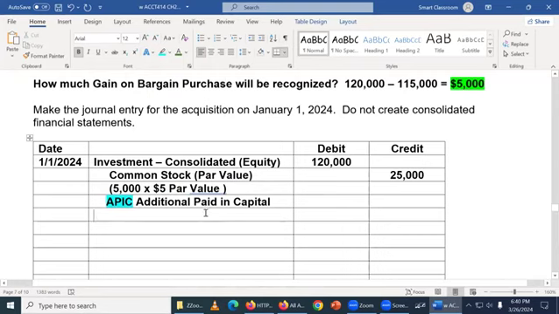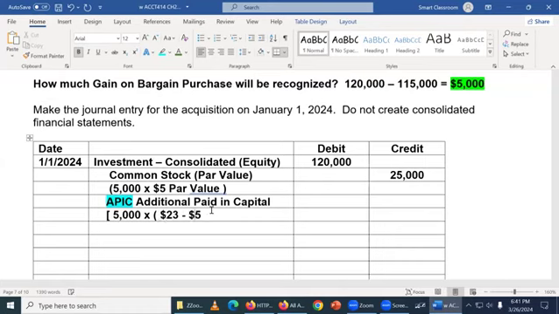Additional paid in capital, so we have 5,000 times the amount over the par value, which is 23 minus the 5. Yep, 18. So this will be 5,000 times 18.